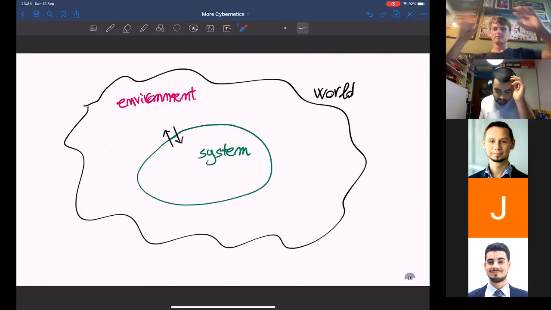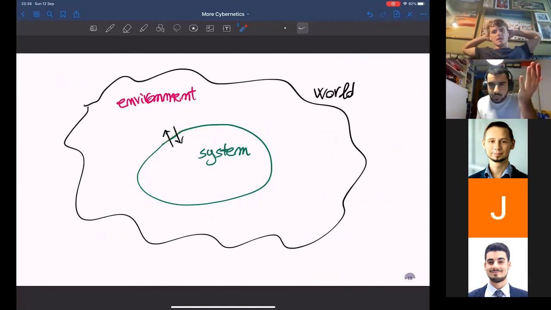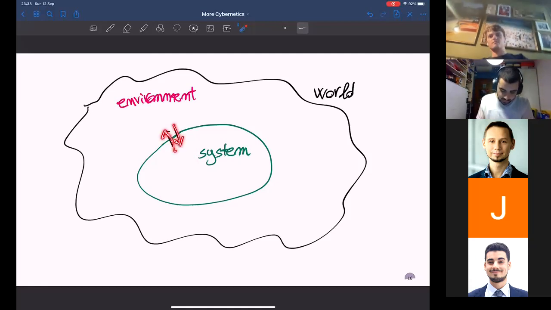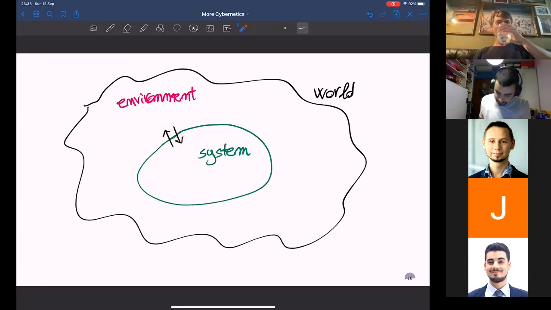We say everything within this boundary is what I consider my system, what I actually want to model. And what is outside is what I now call the environment. So whatever is still involved in the dynamics, but is not what I'm actually looking at. And this boundary is open in a sense. It's not a perfect hermetic sealing, but we can exchange things with the environment. Otherwise, it could be really boring.